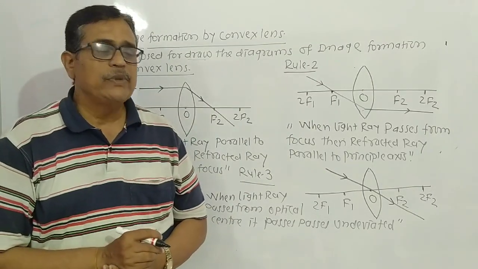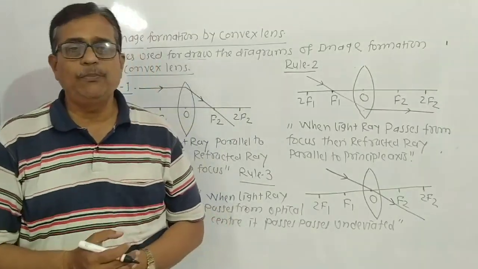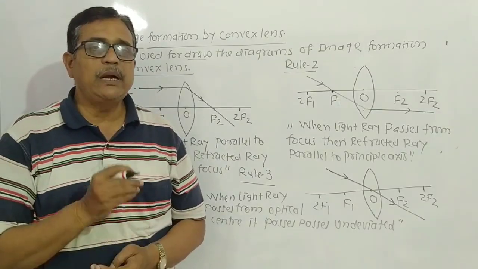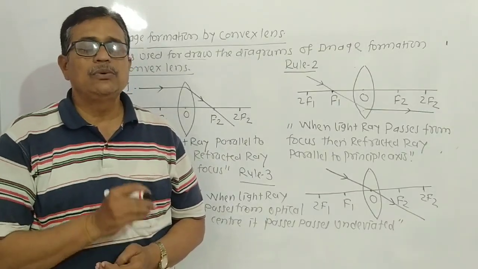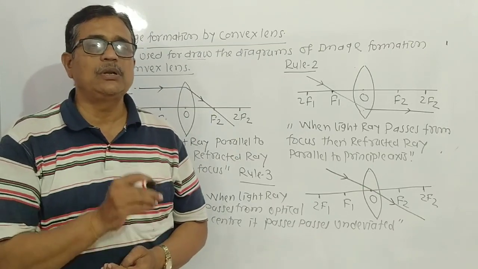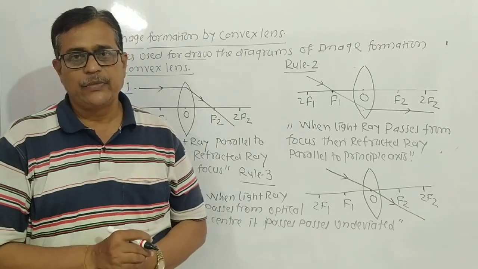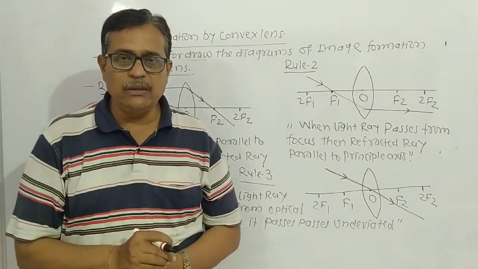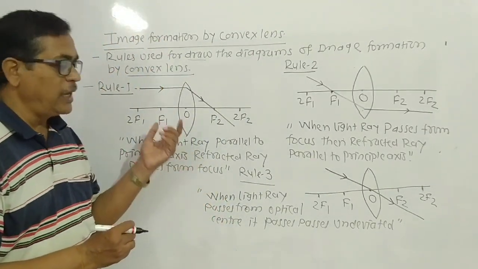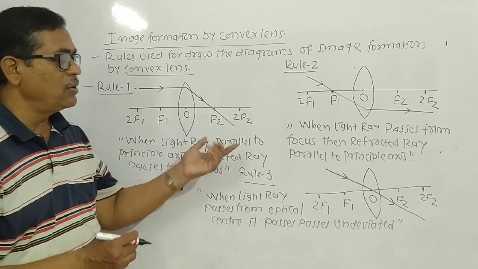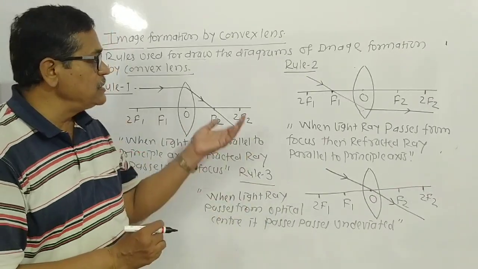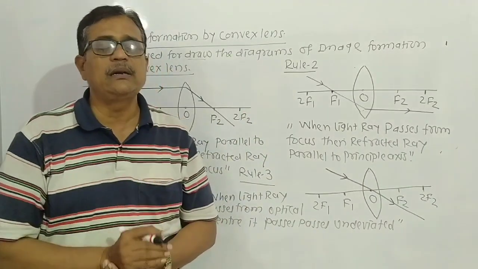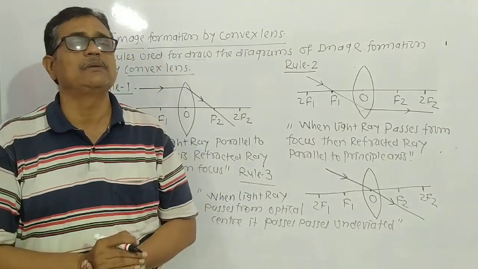Because you are given a position of object in your question paper, then by drawing the ray diagram, you can denote the position of image. You are given only the position of object, but by drawing the diagram, and the diagram should be drawn by using all these three rules. Hence, it is necessary to understand all three rules to draw the correct diagram and to get the 100% mark.